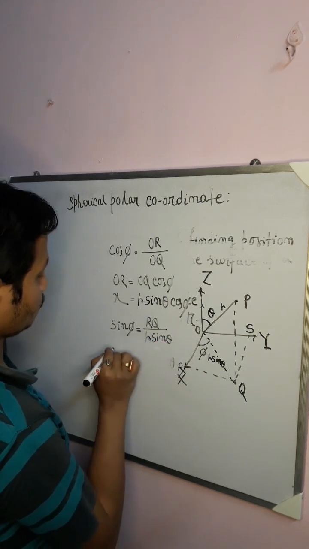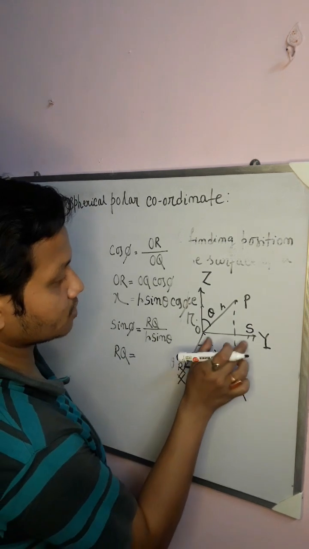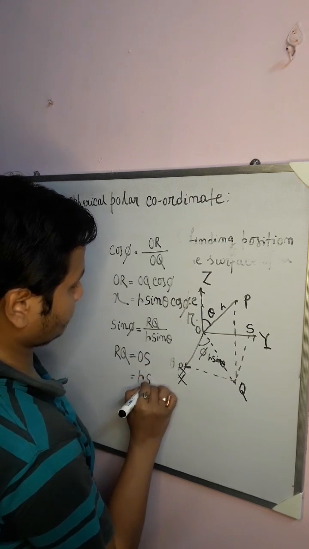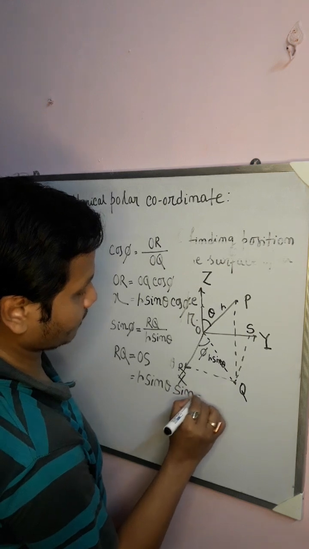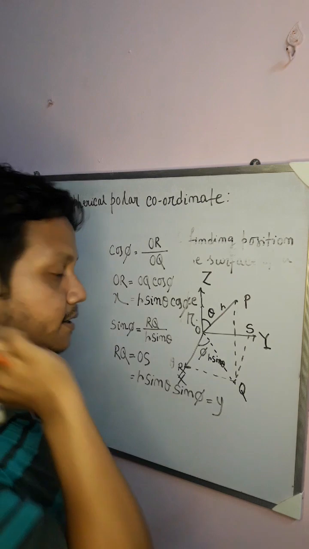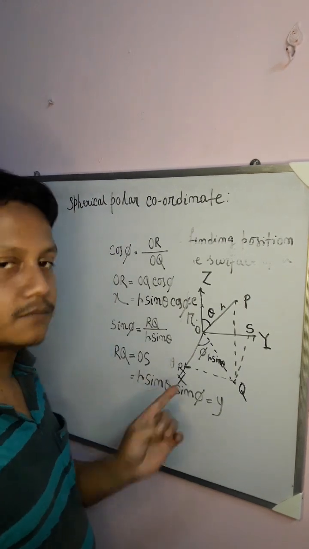So what will be my RQ? If this is RQ, it is also equal to OS. That means r sin theta sin phi, and this is along the y direction, so we call it y. This is the simple calculation of the coordinates.